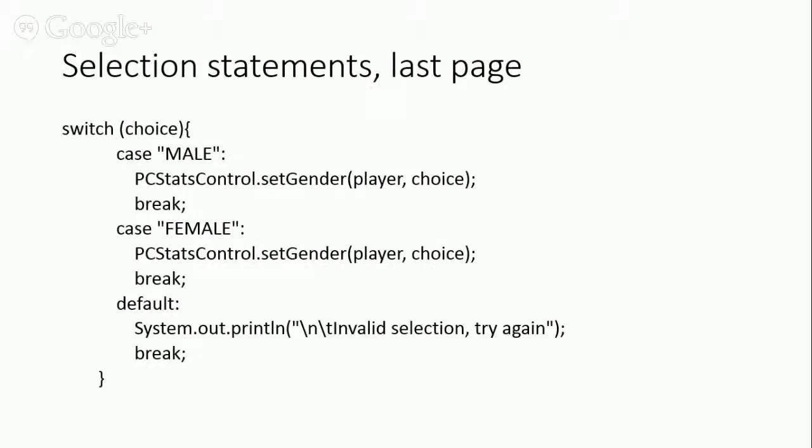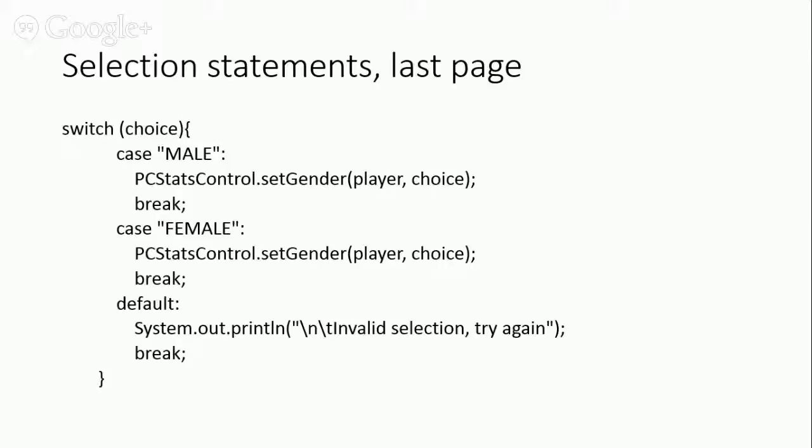One of the other selection statements that we use a lot is the switch statement. This code actually comes from our gender selection view. When a player is creating a player character, they get to choose a gender for the character. You can see that we have switch choice up here, and choice is a string.